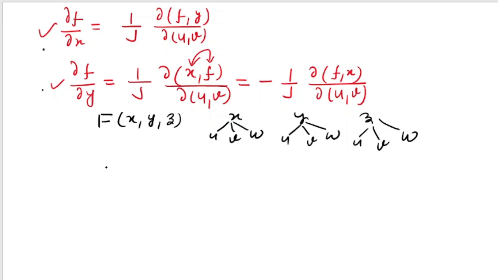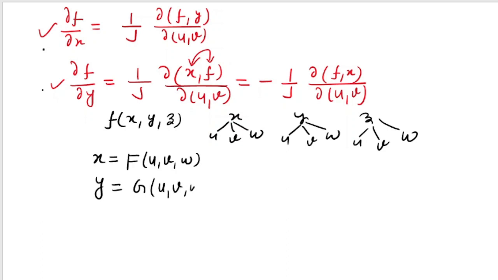What will be the Jacobian of transformation, by the way? Suppose I have this relation: let me call this small f, so that I can use capital F for them. So let me call this small f of x, y, z, and x is a function of u, v and w. Y is also a function, let me call it g, of u, v and w, and z is a function of 3 variables, let me call it h, of u, v and w.